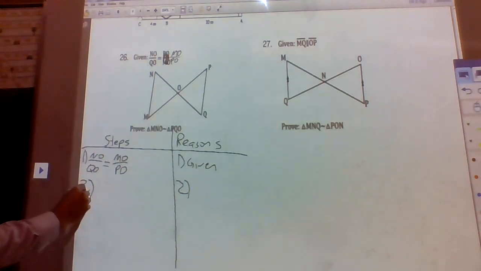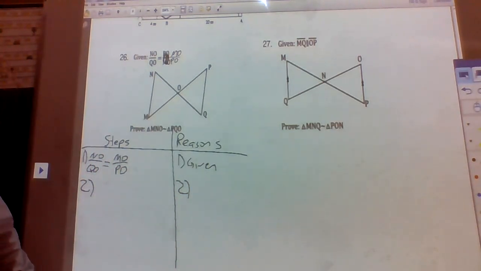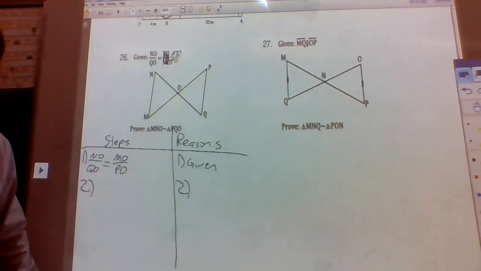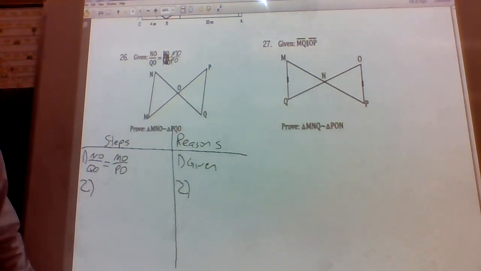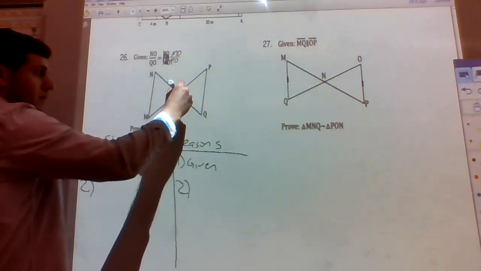Okay, first thing we want to look for here, vertical angles, right? We have 3 ways to prove the triangles are similar, but I don't want to go into too much detail. If you need more details on the proofs, go see the proofs video. But we'll want to look for vertical angles. So we have vertical angles in the middle here.